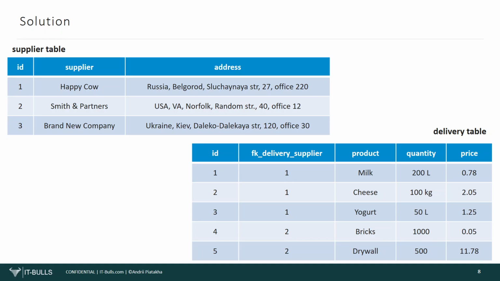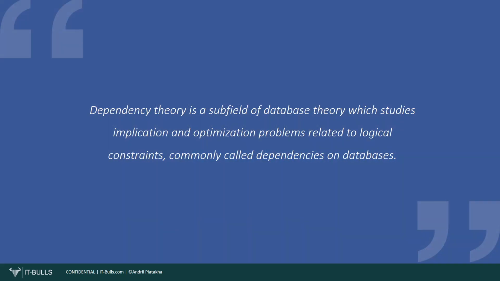Isn't this cool? That's why, to avoid these anomalies, you need to know what normalization is and its main rules. But before we start learning normal forms and normalization, we need to learn a little bit more theory, because you need to know at least some key concepts from dependency theory in order to understand normalization.